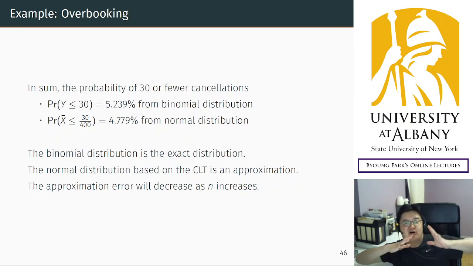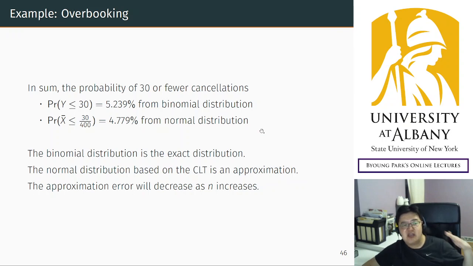The larger the sample size is, the more complicated the binomial distribution becomes to calculate. It takes more time and more computational power to calculate the binomial distribution. But the larger n is, the more accurate the normal distribution is.